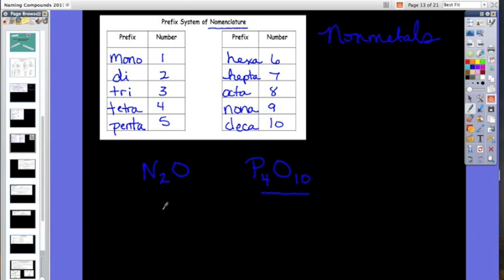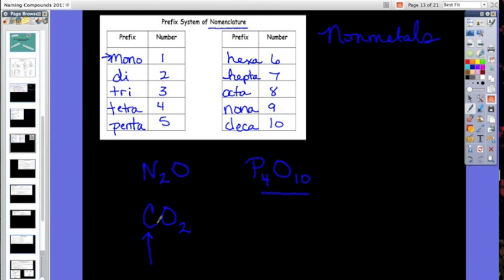We have carbon dioxide, which would be carbon 1, since there's no prefix, and dioxide is an O with a 2. Now why did we not put a mono in front of that? The only time you use a mono is on oxygen, and if it's the second element.